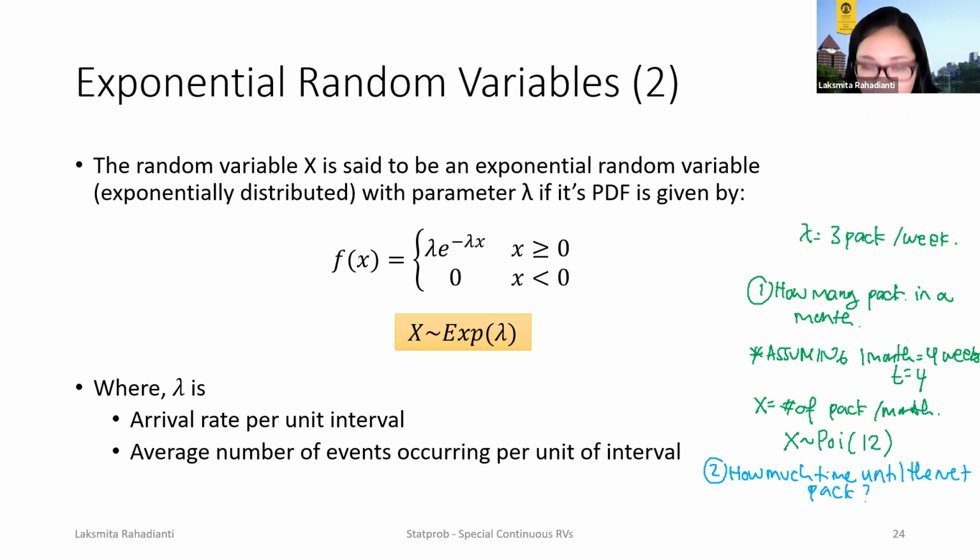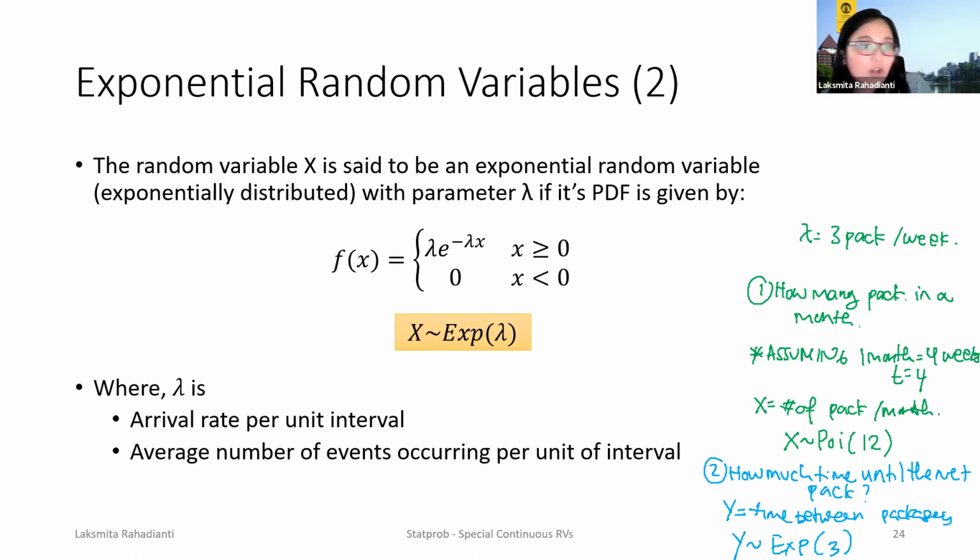Then if I note Y as my other random variable, the time between packages, then my Y would follow the exponential distribution with the parameter of lambda. So we're talking about the same event, the same information, but there are 2 different things that we are computing.